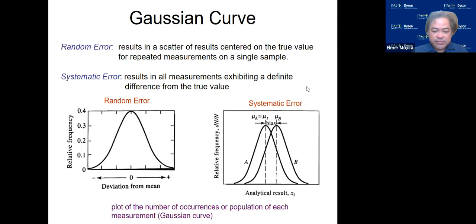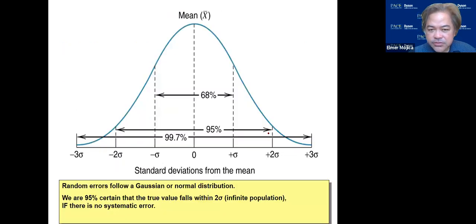If we plot the number of occurrences of each measurement in a normal distribution, a Gaussian curve, this is how it looks for random error. For systematic error, the results can be higher or lower than the true value.